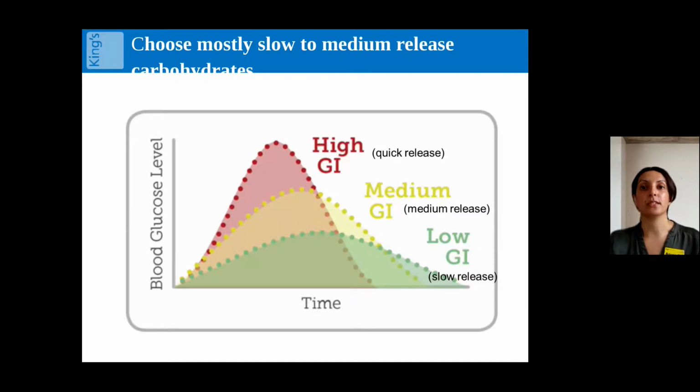These could be foods like your wholemeal, whole grain, seeded varieties of products, for example. The reason is that once these foods are digested in your body, they give you a very gradual rise and fall to your blood glucose levels, and therefore have a stabilizing effect for you and your baby.